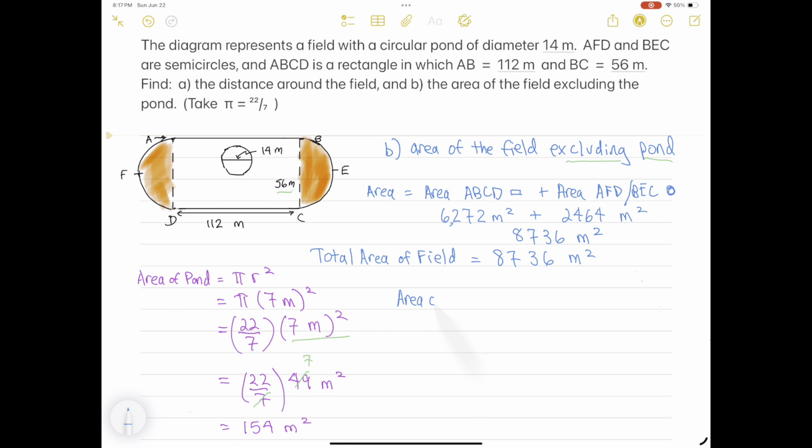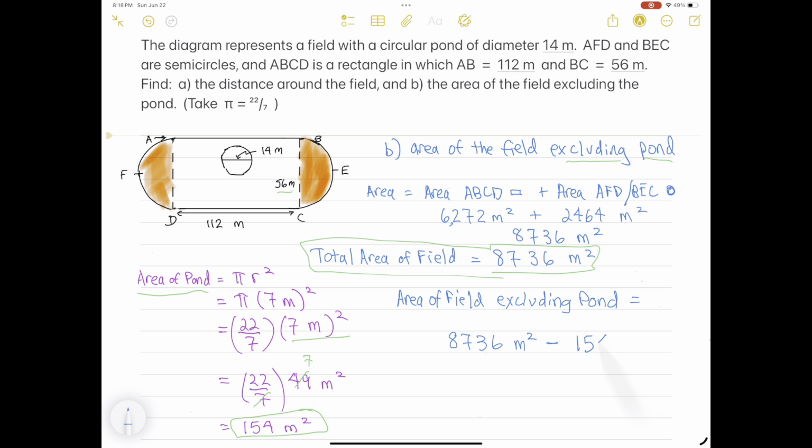And I write that on the line above. Now I just need to subtract 154 from 8,736 meters square to get the area of the field excluding the pond. So 8,736 meters square minus 154 meters square.